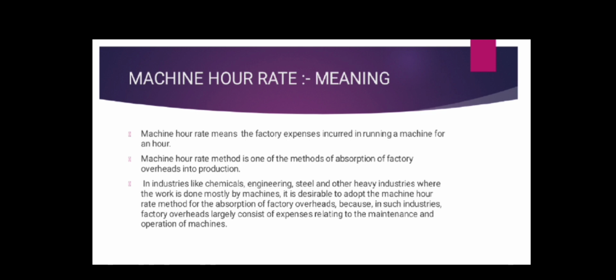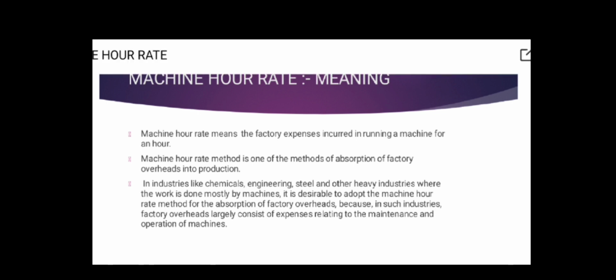A machine hour rate for a specific machine cost center is computed by dividing the total overhead estimated or incurred for that machine by the actual or estimated machine hours. And what is the purpose?